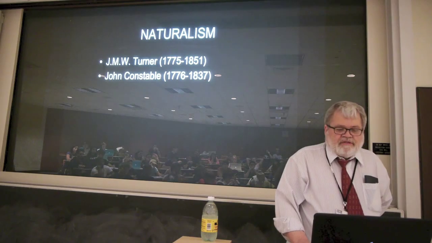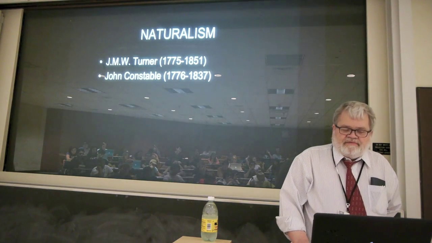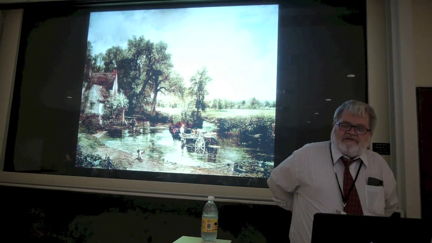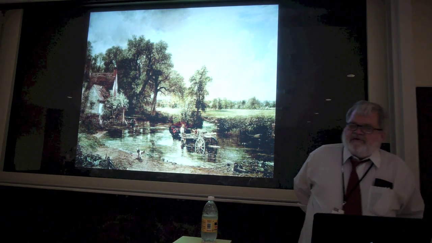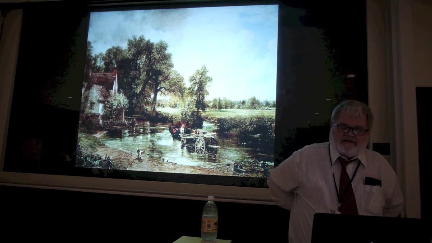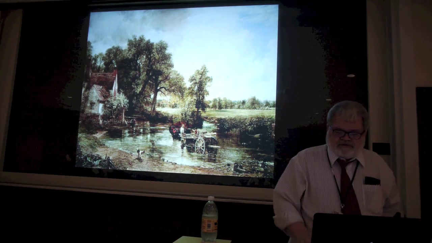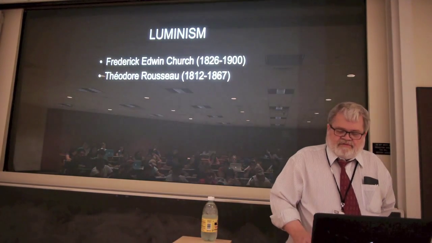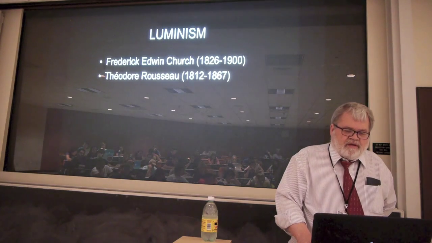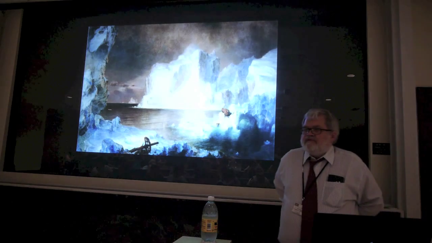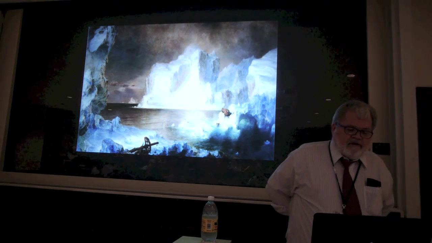The school of naturalism went all the way back to even the 16th and 17th century. Painters tried to have great fidelity to nature, to show the natural landscape, because that, of course, was where truth was at the time. That evolved into other sources, such as luminism, particularly something like Frederick Church's Icebergs, which, by the way, is at the Dallas Museum of Fine Art if you ever want to see it.